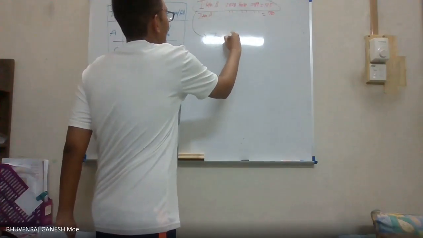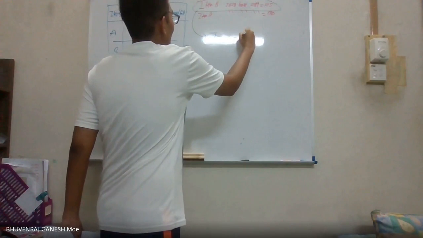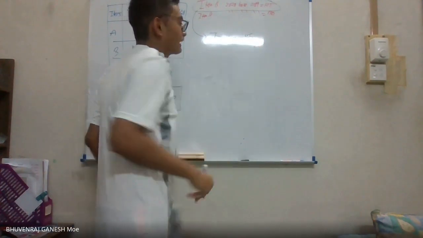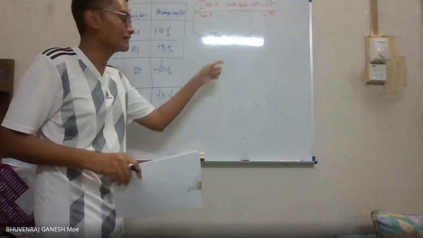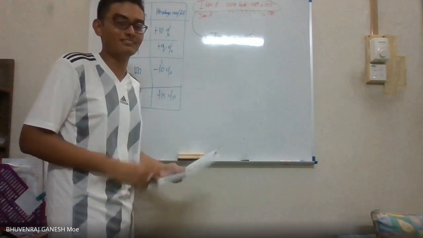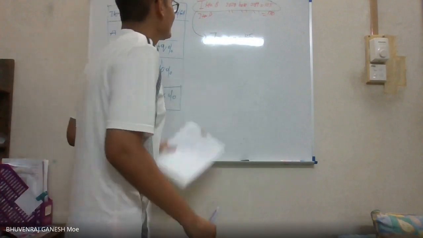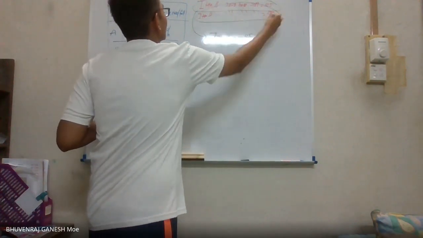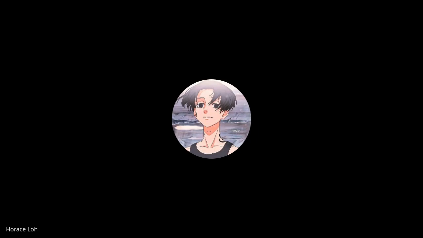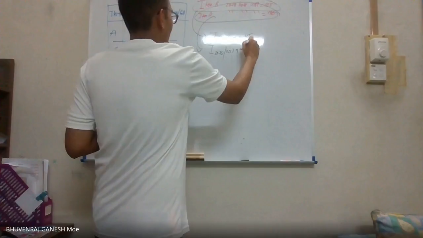You mean like this? You can type it out there so later in the chat box I can see, because it's tough to read this. So then this also is the same thing, no? This is 130.